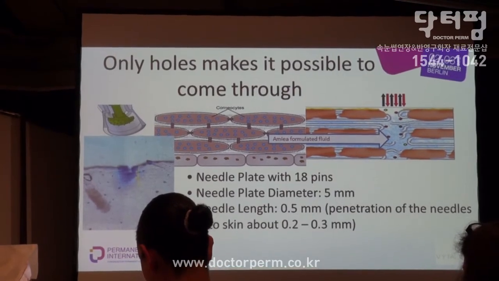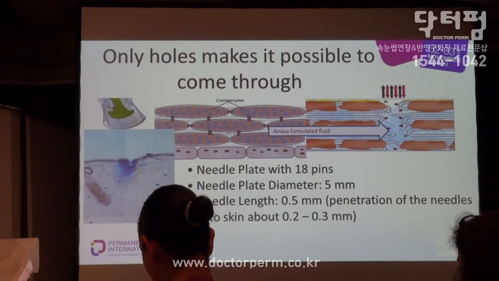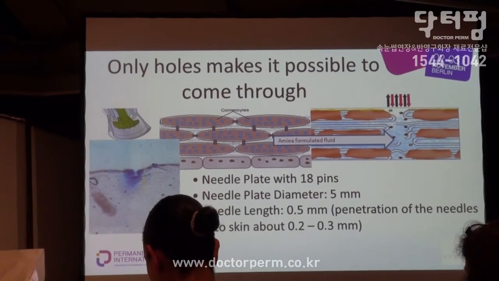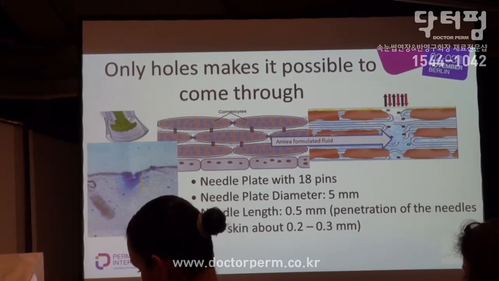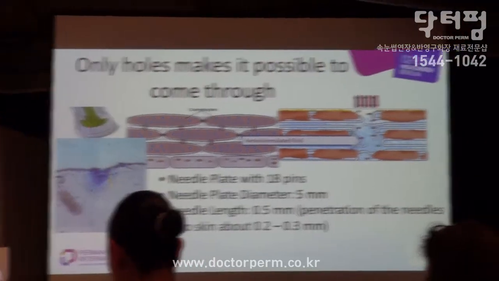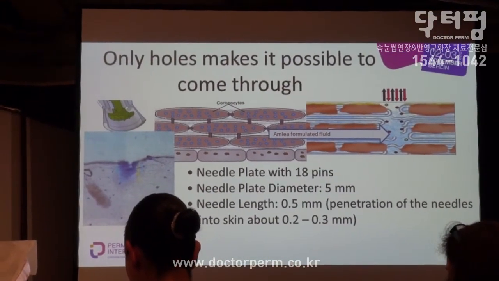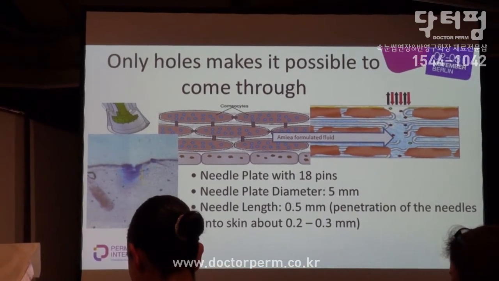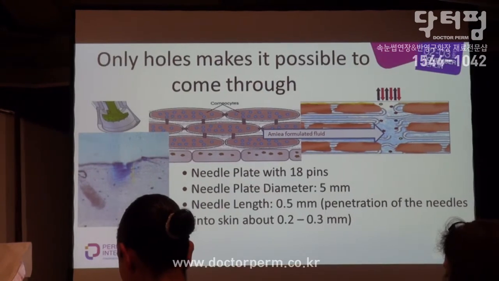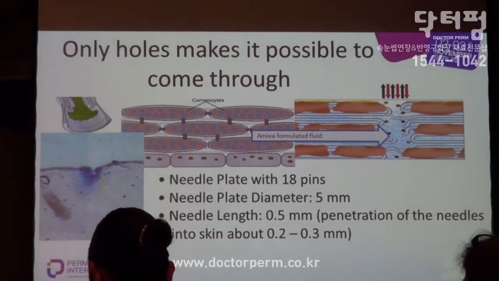And with the mesovital treatment, we have a needle plate with 18 pins with a diameter of 5 millimeters and length of the needles or the punches, which are here, the tips of about 0.5 millimeters. And this gives you penetration in the skin, depending on the type of skin and depending on your practice, of about 0.2, 0.3 millimeter.